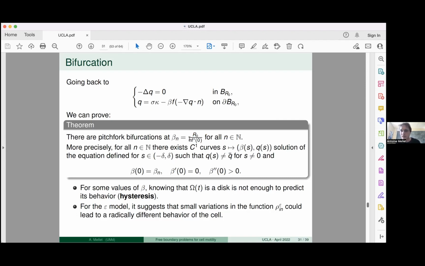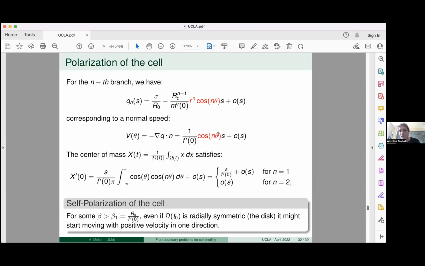So I have a lot of bifurcations that are for actually small beta, but most of those bifurcations lead to just oscillations of the free boundary, but no macroscopic motion of the cell. The center of mass remains fixed, except for the first one, which is actually the largest of all of the beta, and is this, R0 over f prime.